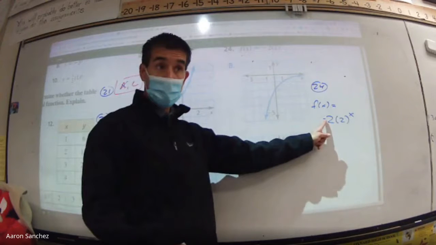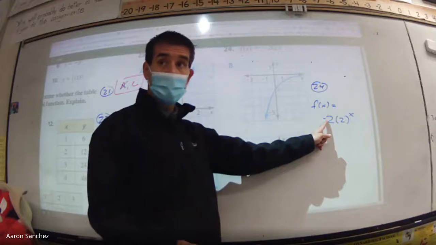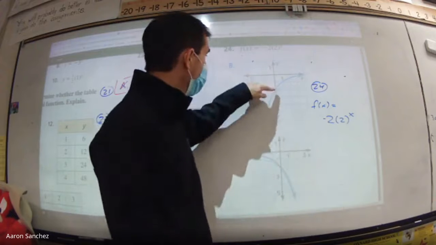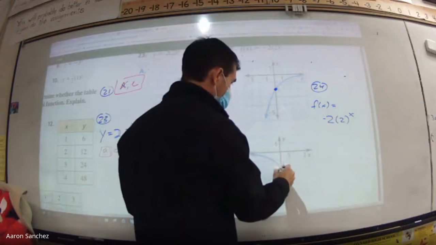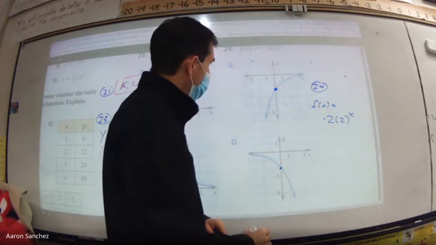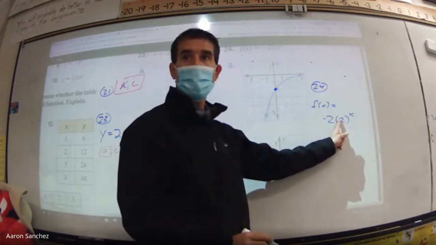Remember this first number is where it's crossing the y-axis. So it's going to cross at negative 2, right? So which one's negative 2? This one is negative 2, and this one's negative 2. And now, this is a whole number, so is it going to go up or down?